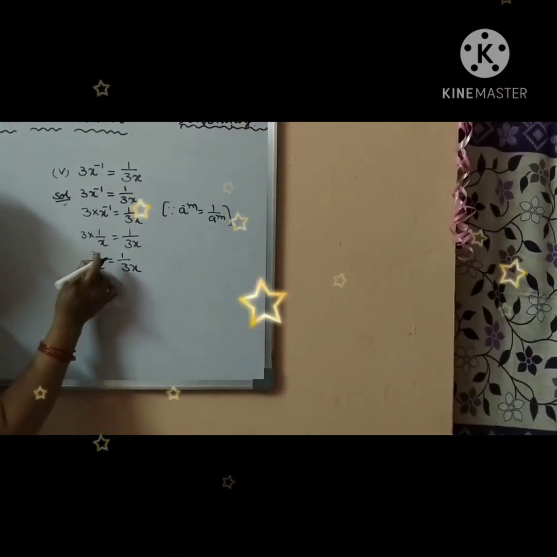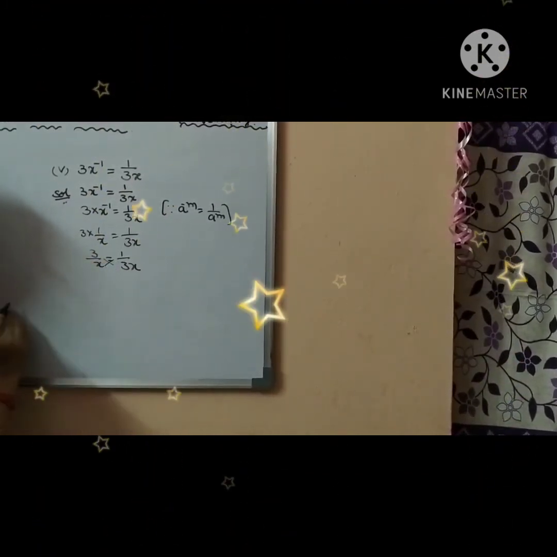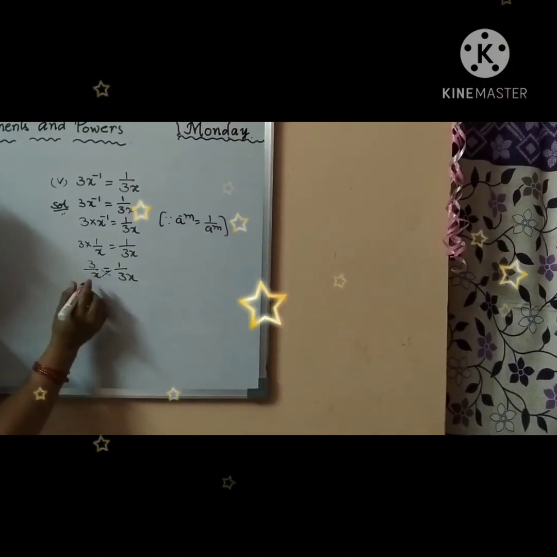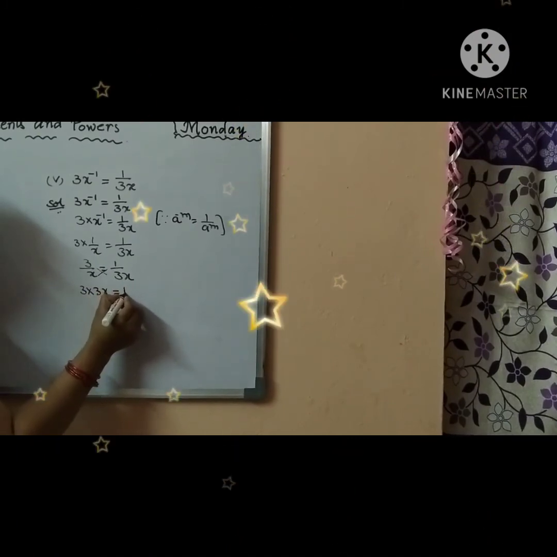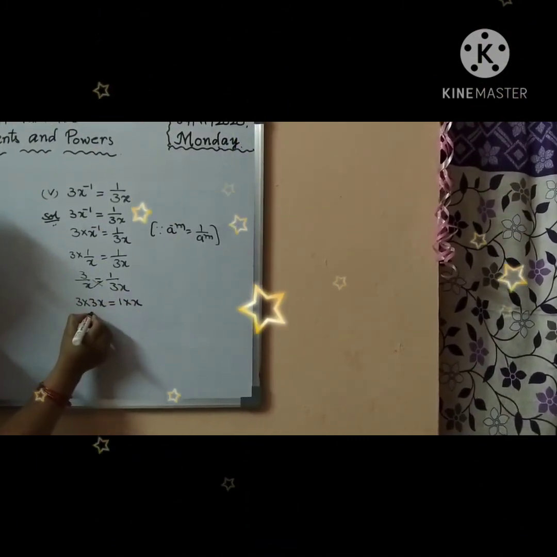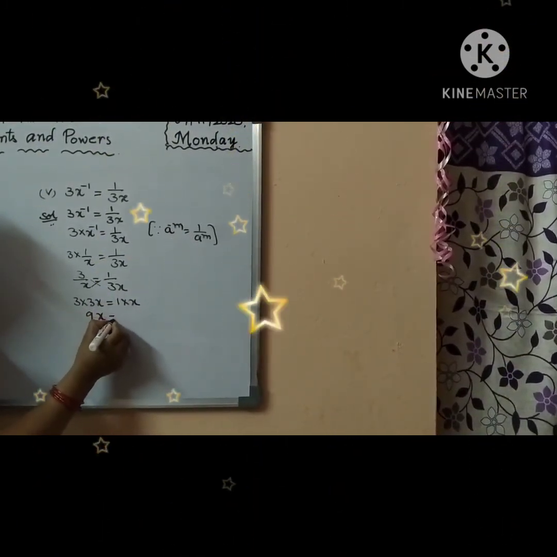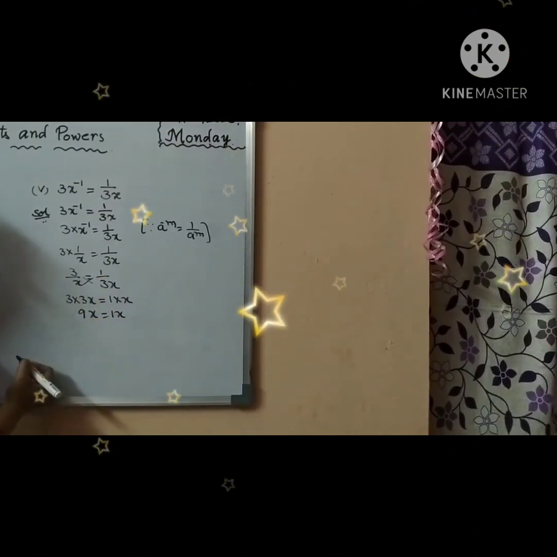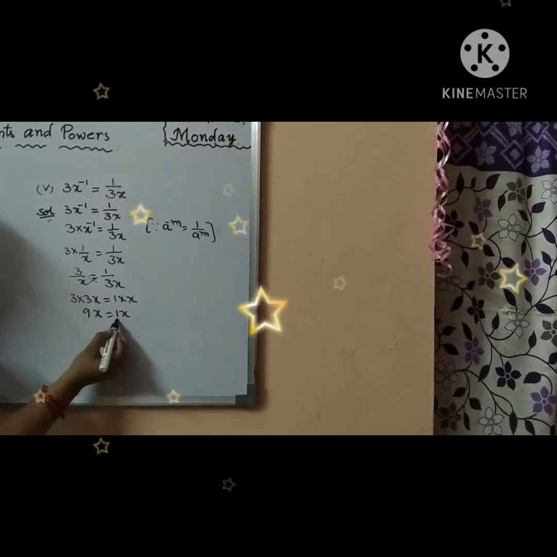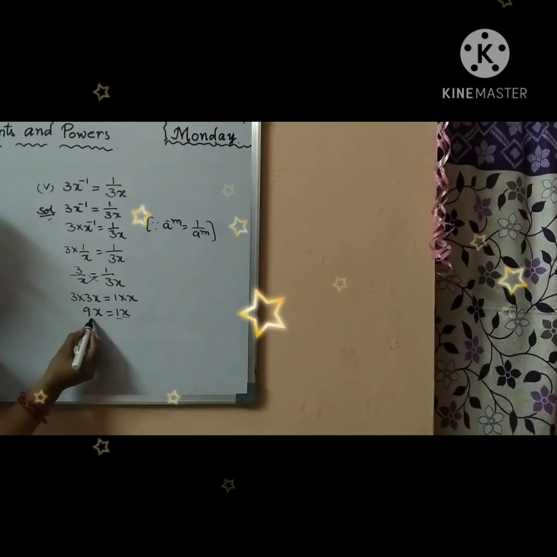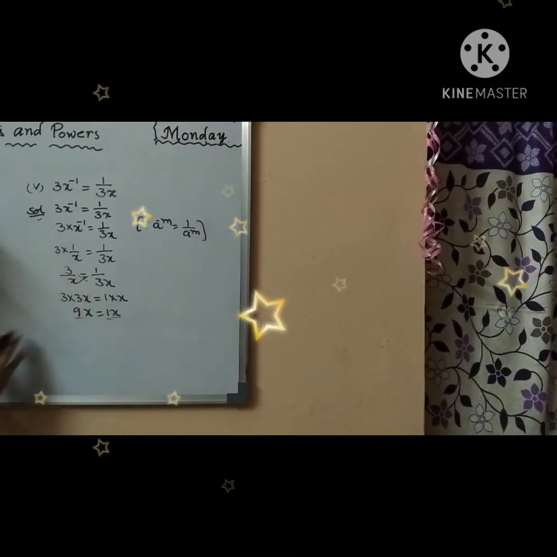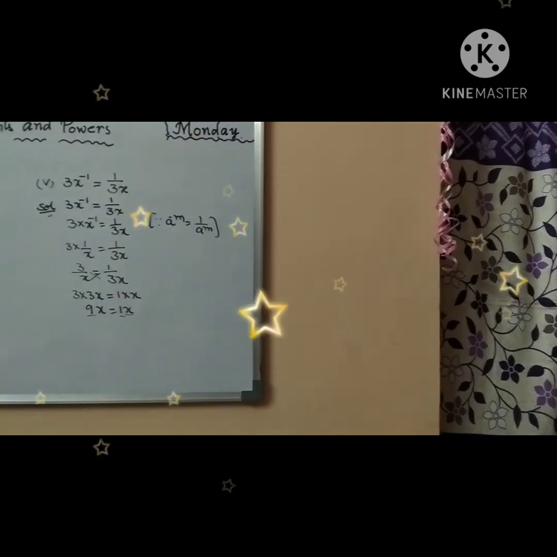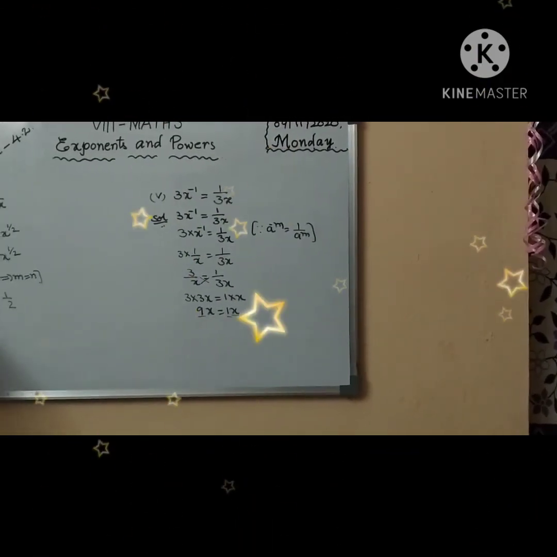Here we do cross multiplication. 3 into 3x equals 1 into x. 3 3s are 9, 9x equals 1x. The coefficient is 9 on one side and 1 on the other. Equal or not equal? Not equal.